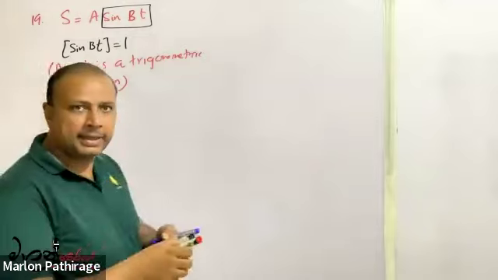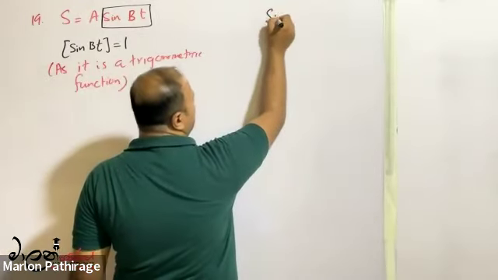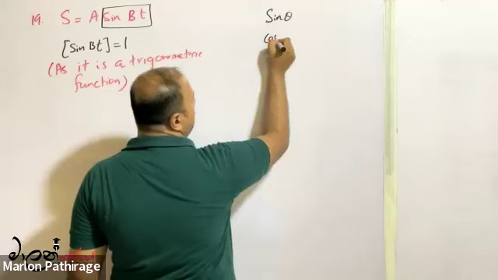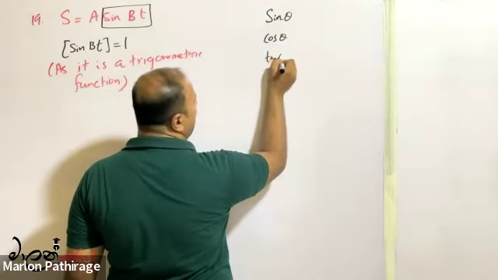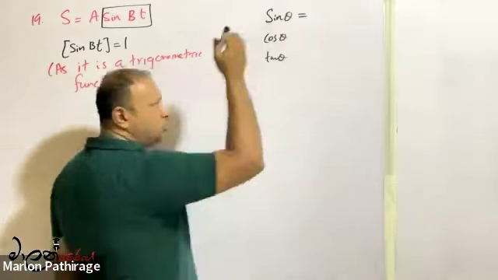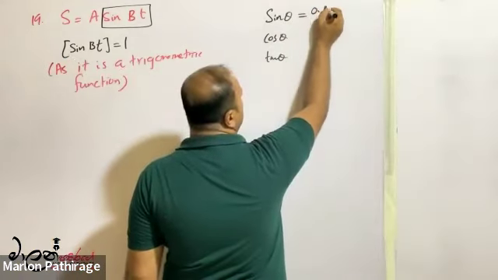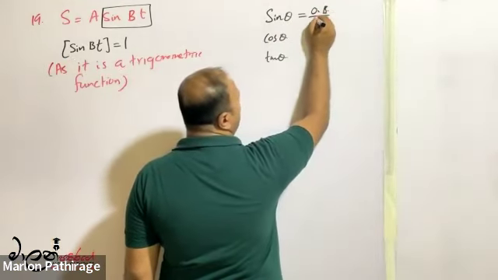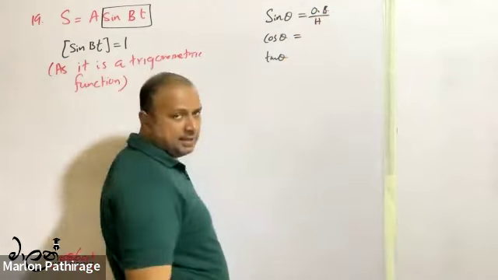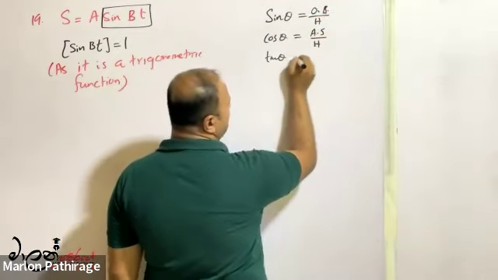If you consider any trigonometric function, sin theta, cos theta, tan theta, any trigonometric function is a ratio between two lengths. Sin theta means opposite side over hypotenuse. Cos theta means adjacent side over hypotenuse.